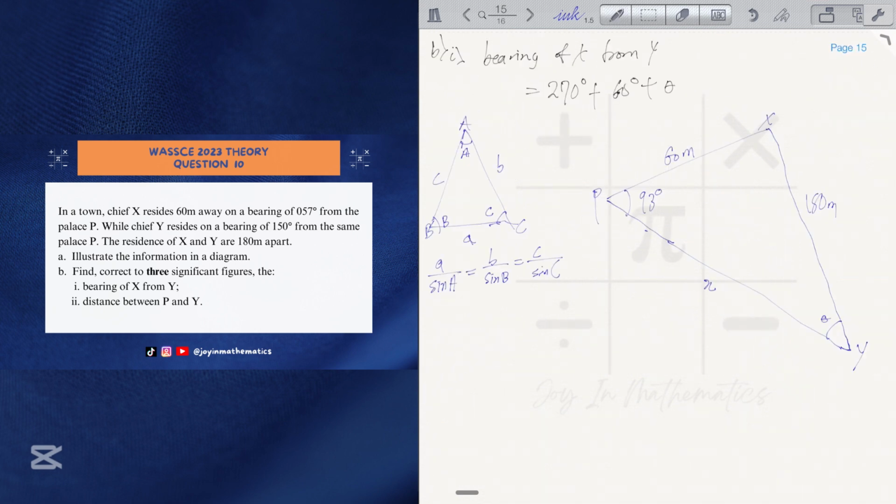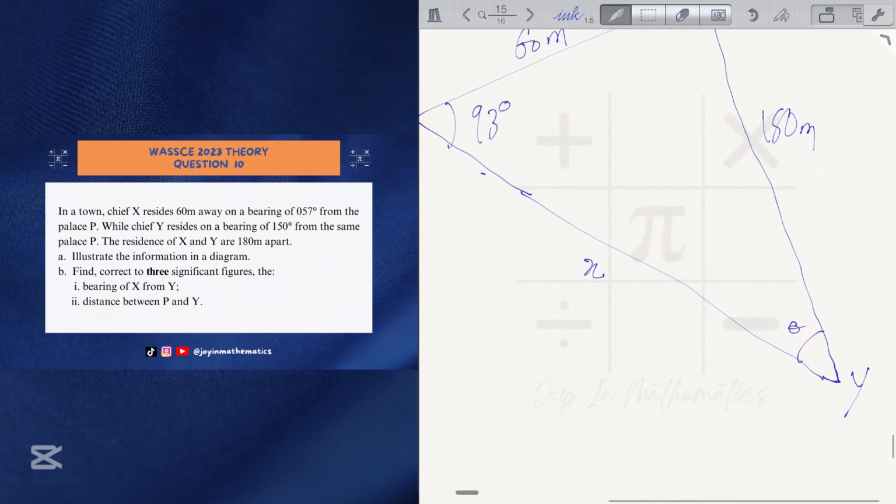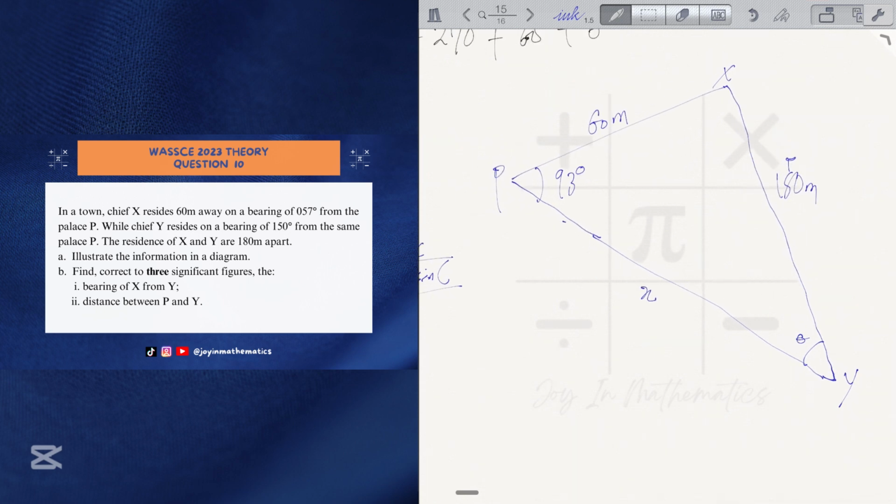Now we are looking for angle theta, where angle theta is opposite to 60 meters. So applying this law, let's label it appropriately. We can label this point P. P is equal to 180 meters, and Y is equal to 60 meters.